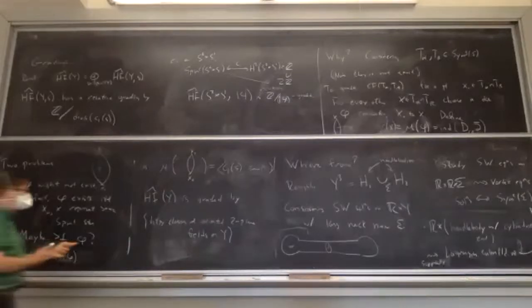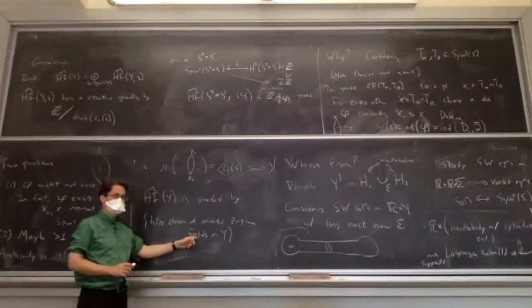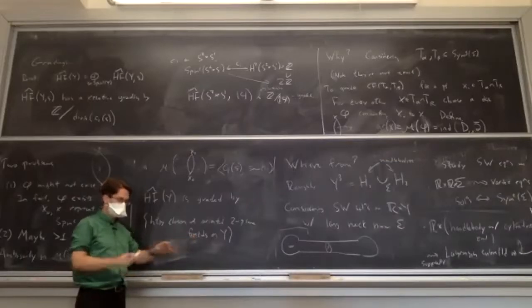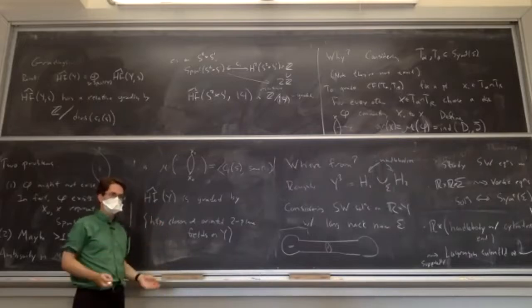The set of two-plane fields on a three-manifold has an action by Z, which is the set of two-plane fields on the three-ball with given boundary.